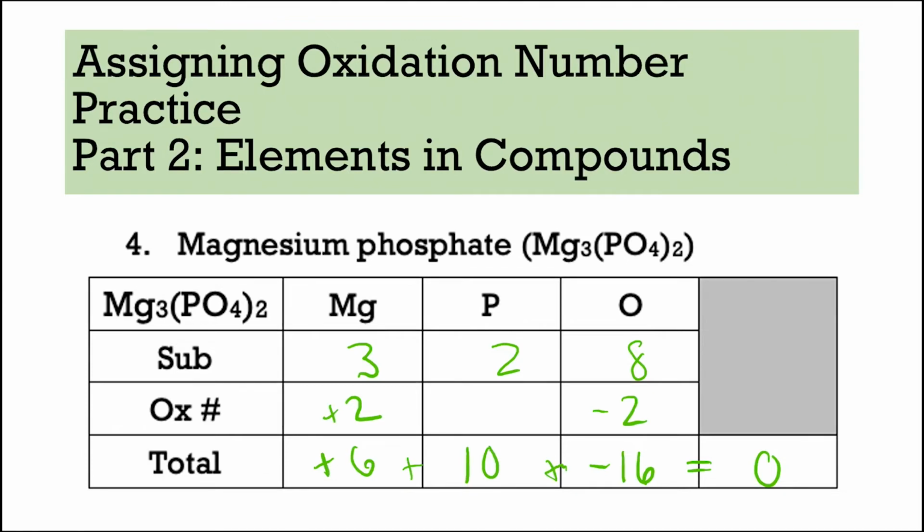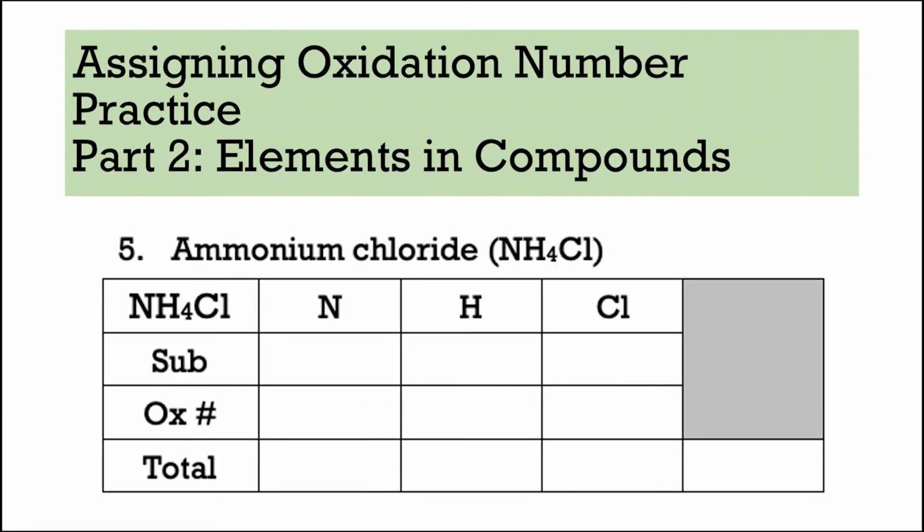So that means in total, the 2 phosphorus atoms need to bring a total of a positive 10 charge. So if you have 2 things with a total of positive 10, 10 divided by 2 gives you positive 5. So each phosphorus has a plus 5 charge.